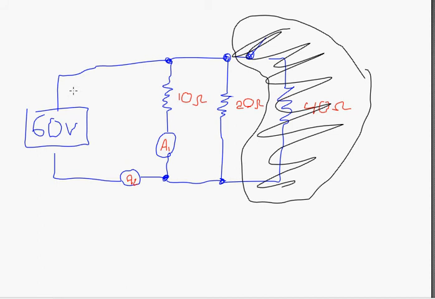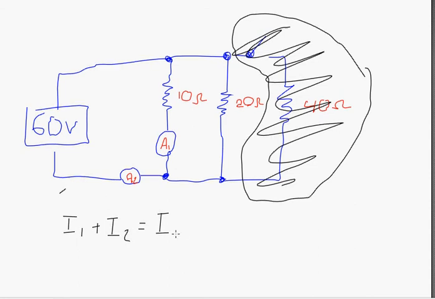You're asked to find the current through the source. Now there's a couple of different ways you could do it. You could go I1 plus I2 equals the I of your battery. That's an easy way of doing it. Now how do you get those?